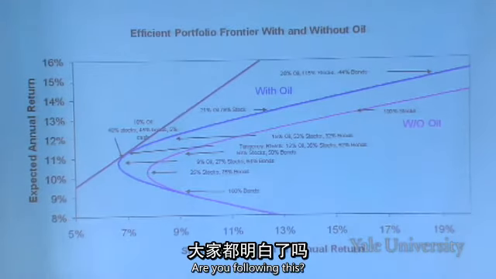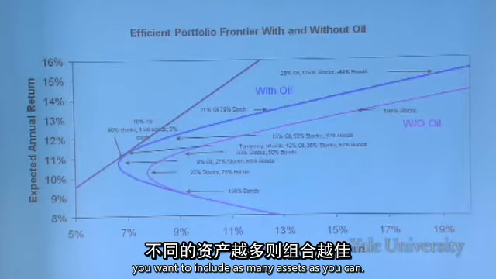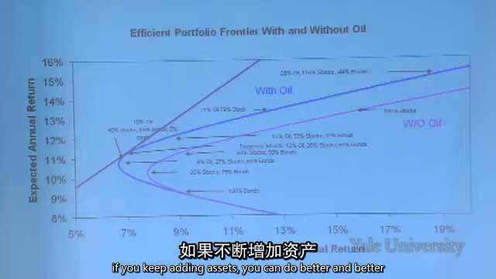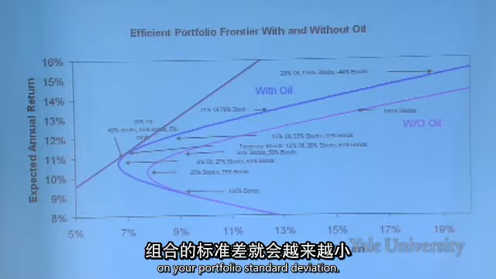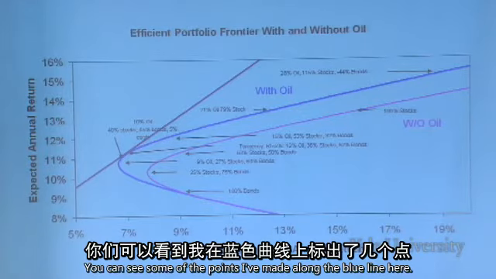Are you following this? So the general principle of portfolio management is you want to include as many assets as you can. If you keep adding assets, you can do better and better on your portfolio standard deviation.